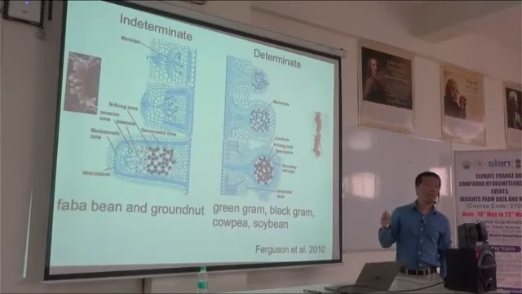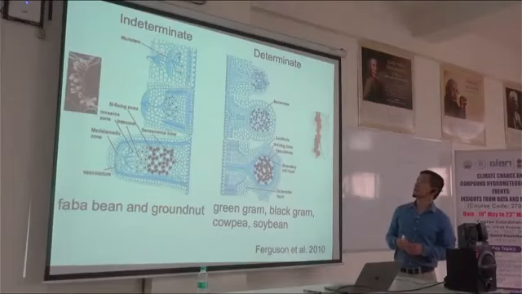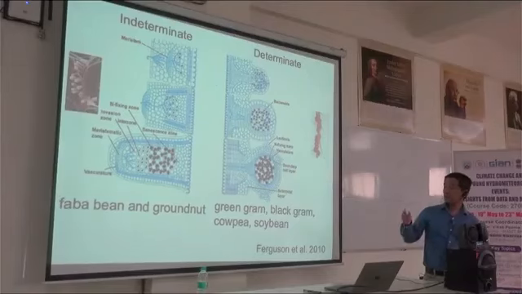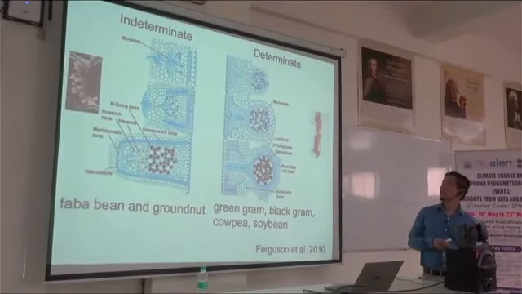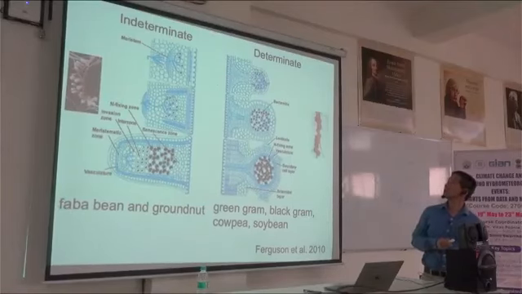And then we can think about what could be the reason. Most legumes are nitrogen fixers, so they fix nitrogen from the atmosphere, working with bacteria. There are two types of this nitrogen-fixing relationship: one is called indeterminate, one is called determinate.